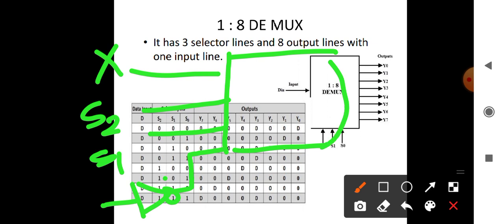So like that we can have D6. Similarly you can write it for any output. So this should be connected.